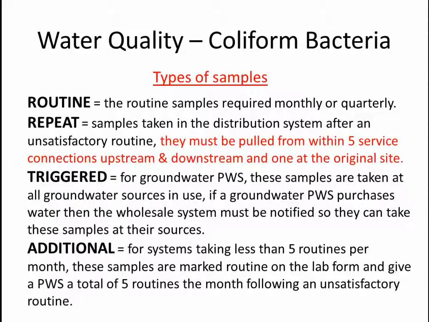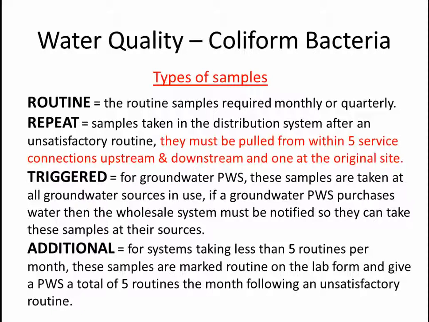If you had one or more routine samples that were unsatisfactory. Additional samples are for the small systems. These are for systems that take less than 5 routines per month, and these samples are marked routine on the lab form, and they make it so that the water system has a total of 5 routine samples the month following an unsatisfactory routine.